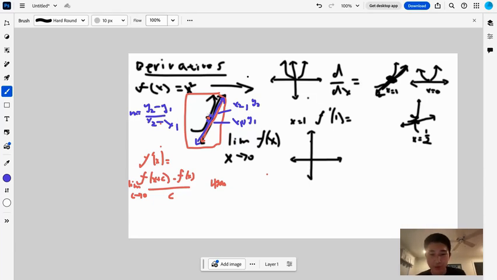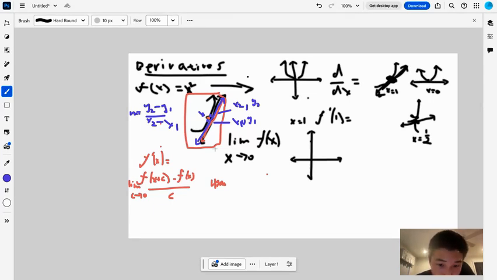Now, how can we use this to find the slope of the tangent line hitting this singular point? The strategy that mathematicians use is we say that there are 2 points that are very, very close to each other, that are just outside this point right here.